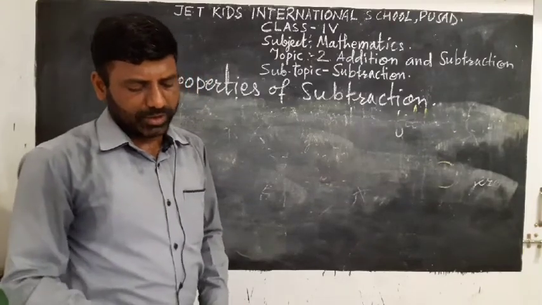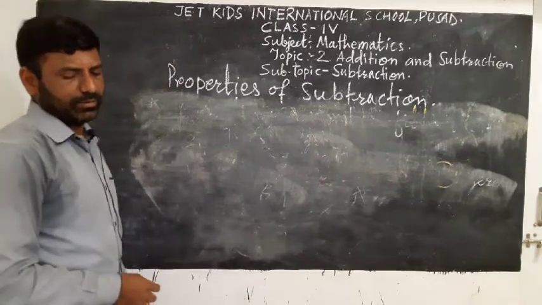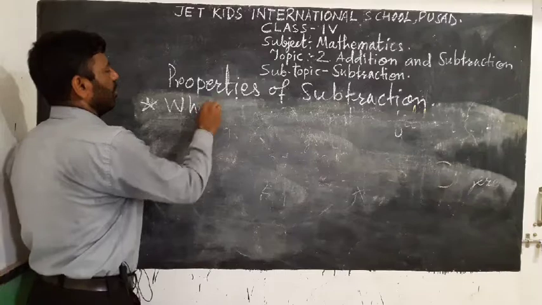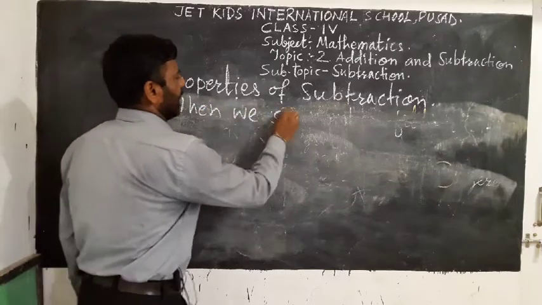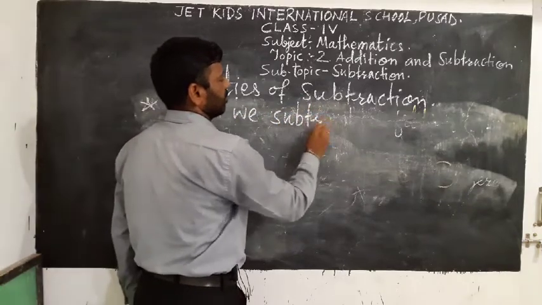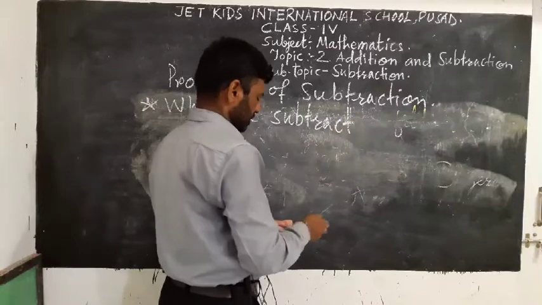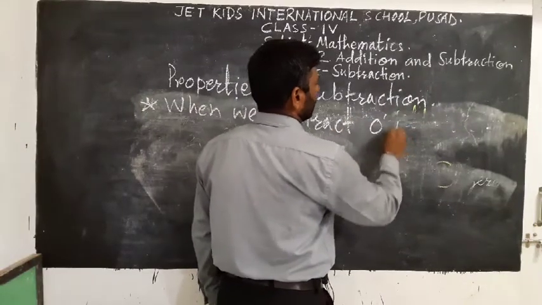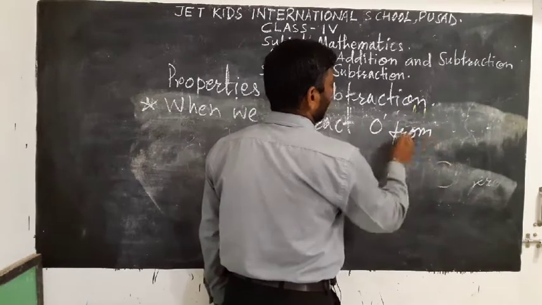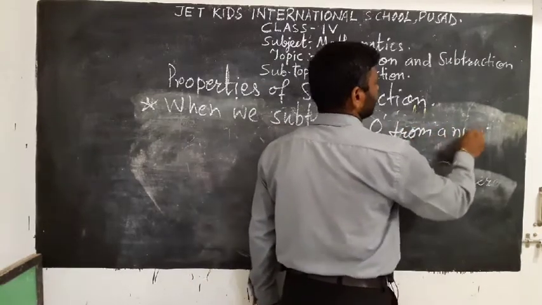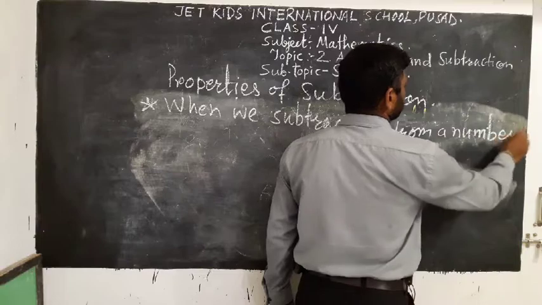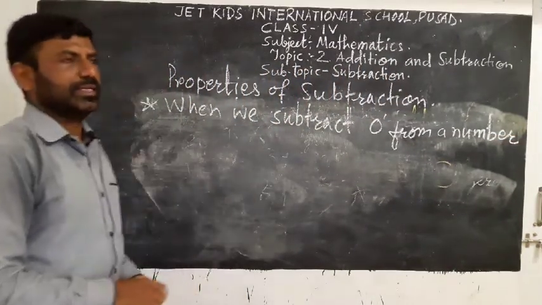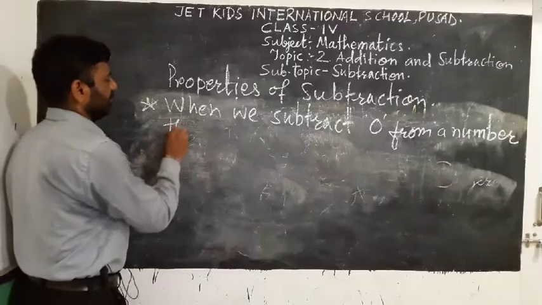Next property: when we subtract 0 from a number, what will be the difference?